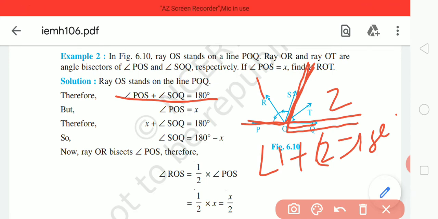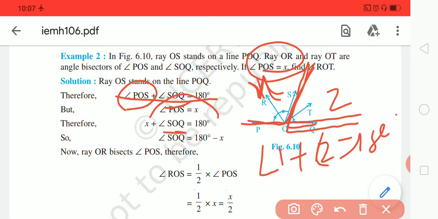Also POS we have given as X. You can find this SOQ by transposing X to the right hand side, and it will become 180 minus X, right? Now OR is the bisector of POS.